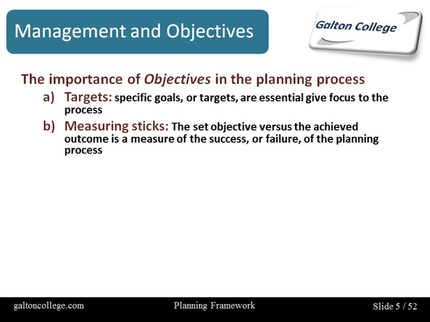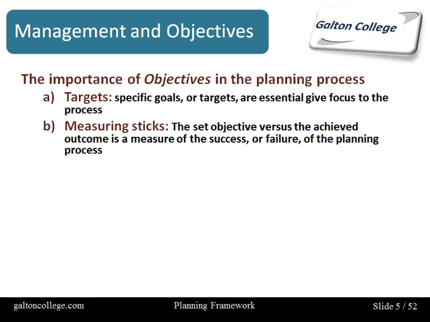The set of objectives versus the achieved outcomes is a measure of success, or indeed a failure, of the planning process. These are measuring sticks. In other words, how successful was the activity in achieving the outcomes that were set in the plan? If the project didn't achieve them, there's possibly 2 explanations.